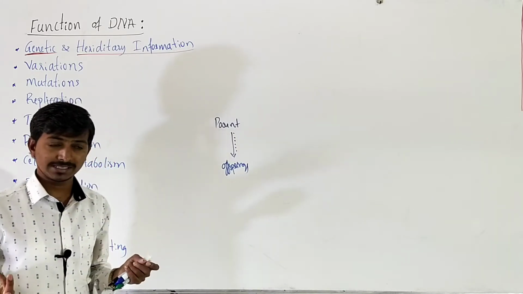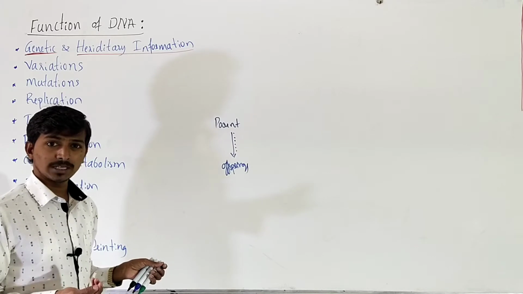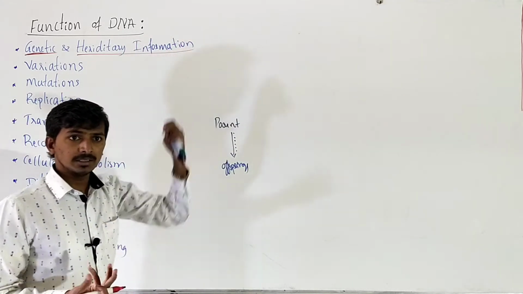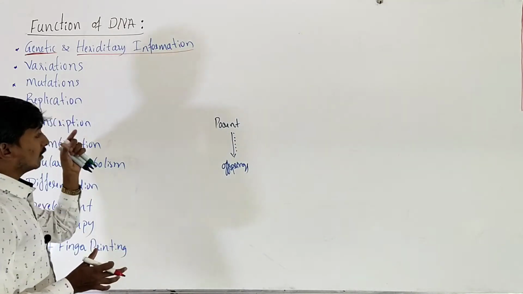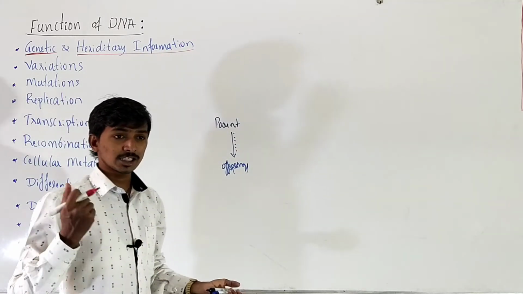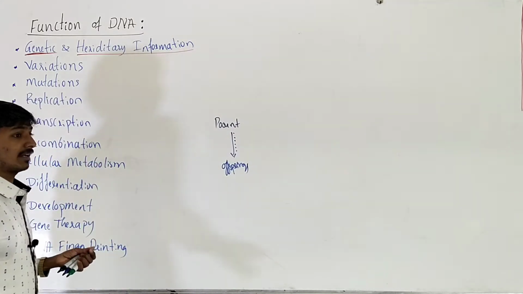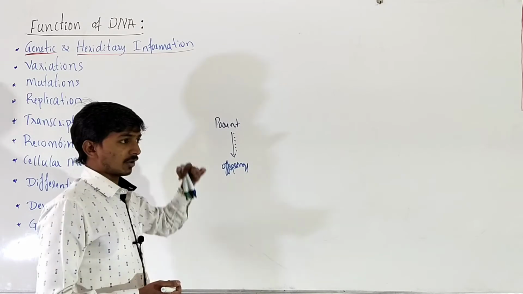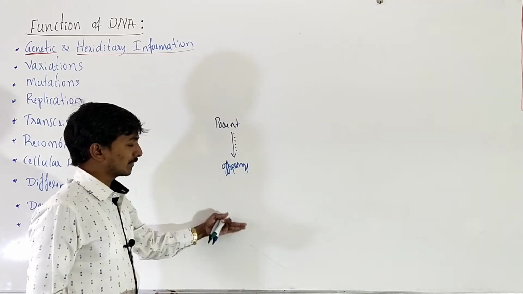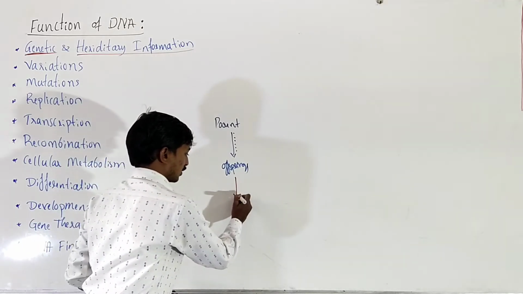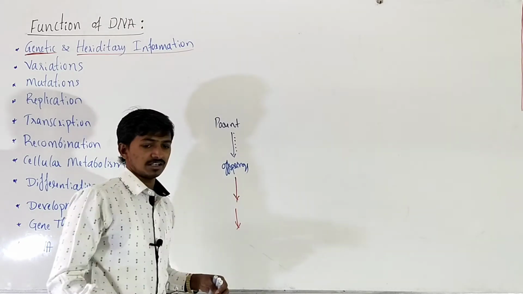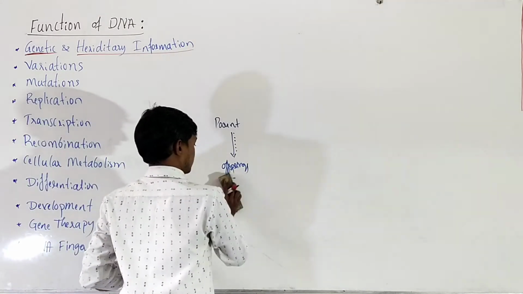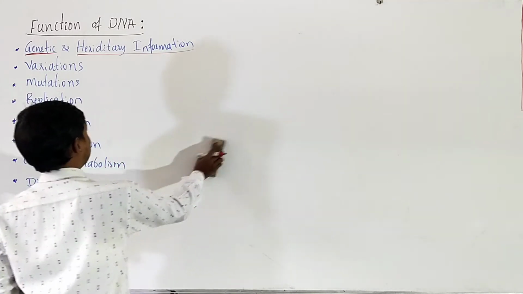We say chromosomes, but chromosomes ultimately contain DNA only. So DNA is the genetic material responsible for transfer of characteristics from one generation to the next. Hence the first purpose is served very well by the DNA.